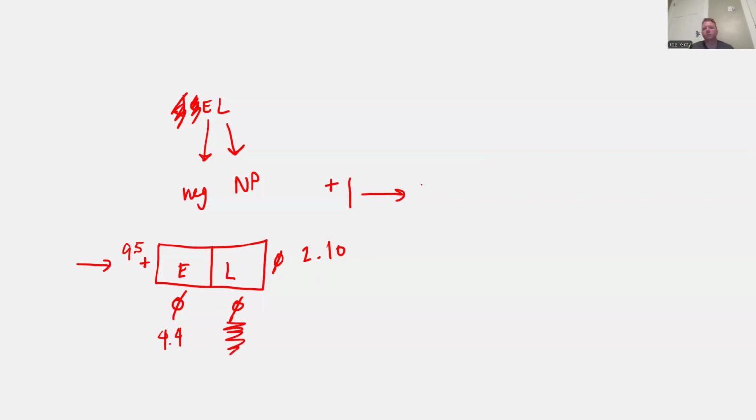So I'm going to say +1 to 0, 0 to -1, and then -1 to -2. That's going to be 2.1, 4.4, 9.5. 2.1 plus 4.4 is 6.5 divided by 2 would be 3.25 is my PI.